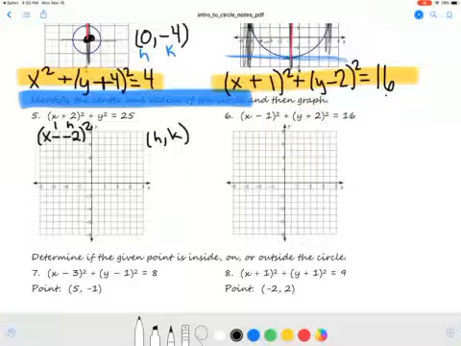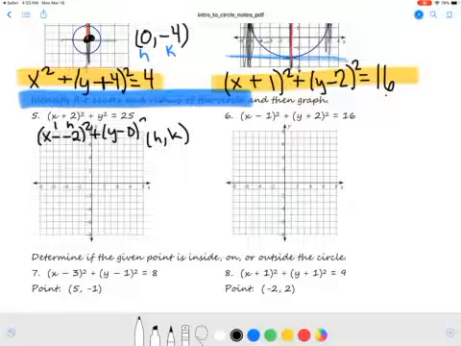Okay. And then my y, just since it's just y squared, is really like saying y minus 0 squared. Okay, so what that means is that my h is this negative 2, and my k is 0.